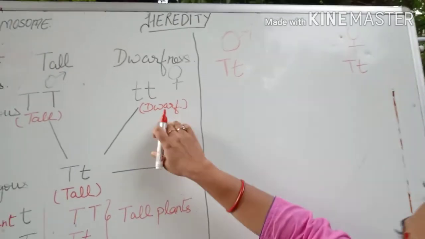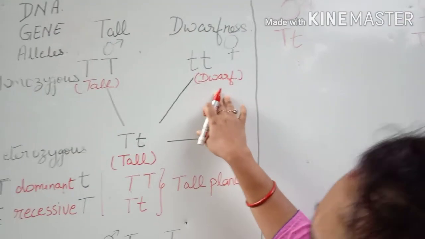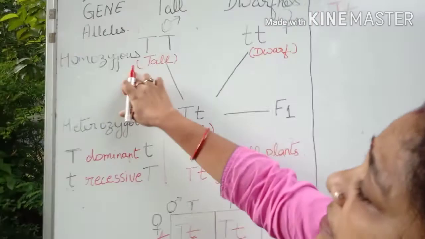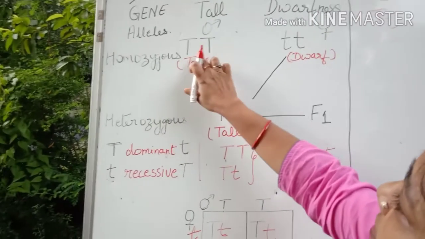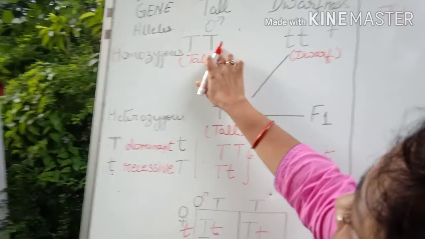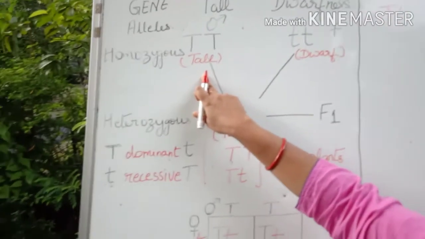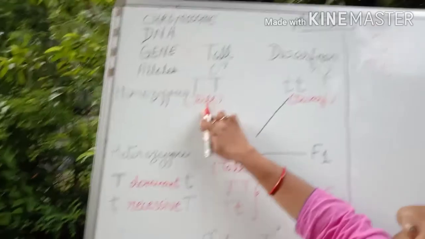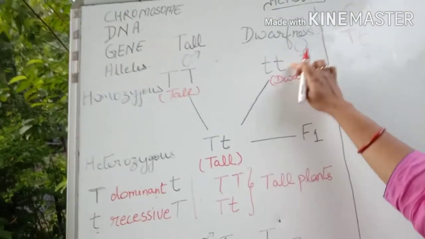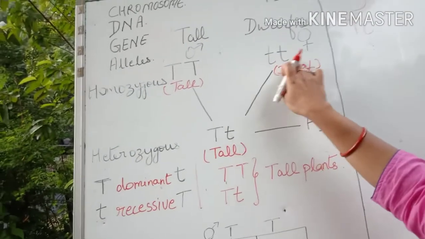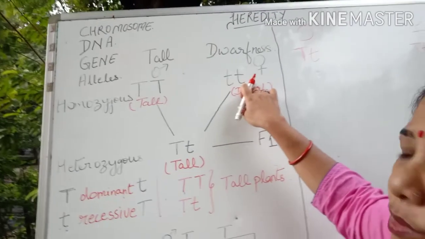Here children, one term more is sometimes it is said homozygous pure. That means both the alleles or the trait giving genes are of the tallness only. So it is said that this tallness is pure. And this dwarfness is also pure because both it is denoted by the small t only.